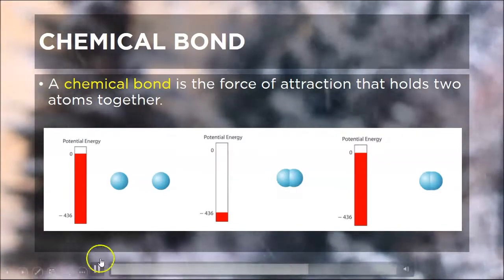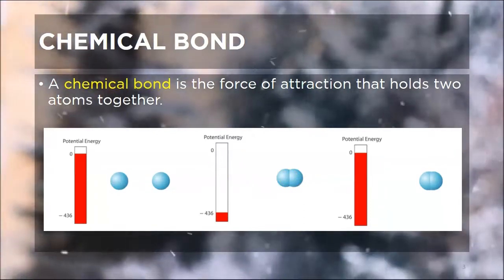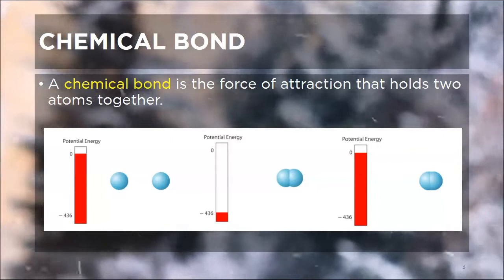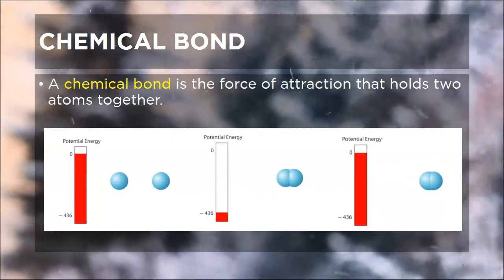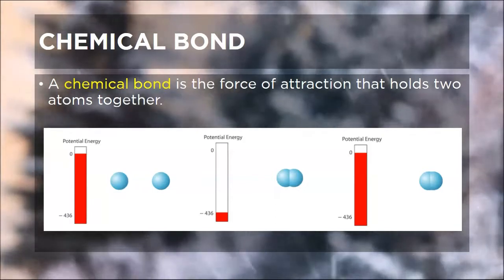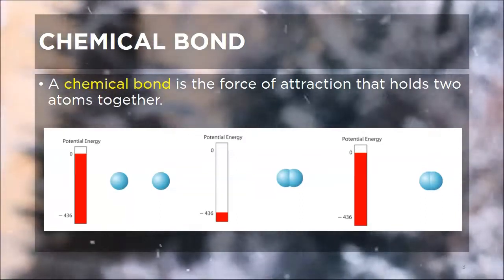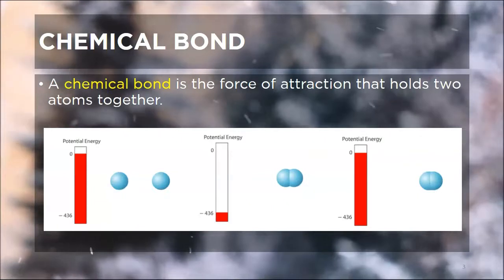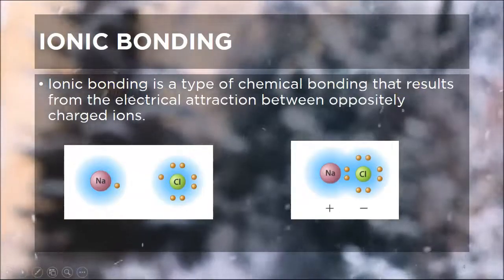So we get this nice kind of Goldilocks position, and just right in the middle is where that bond is going to happen. So that's what a bond is basically: we're at a lower energy state if we're together than we are apart. Sort of like when you're bonded in matrimony, right? You're at a happier state when you're together than when you're apart. So nice love stories in chemistry.